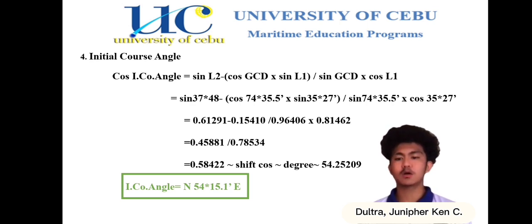So let us substitute the corresponding numbers. Our cosine initial course angle is equal to sine 37 degrees 48 minutes minus the whole quantity of cosine 74 degrees 35.5 minutes times sine 35 degrees 27 minutes divided by sine 74 degrees 35.5 minutes times cosine 35 degrees 27 minutes.